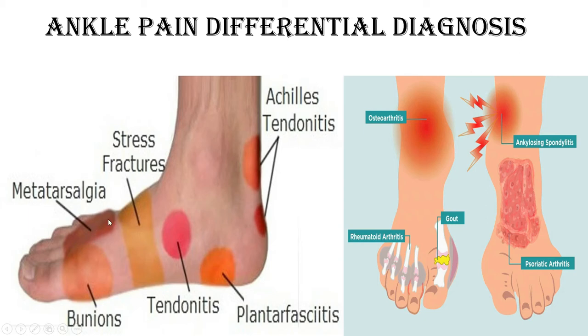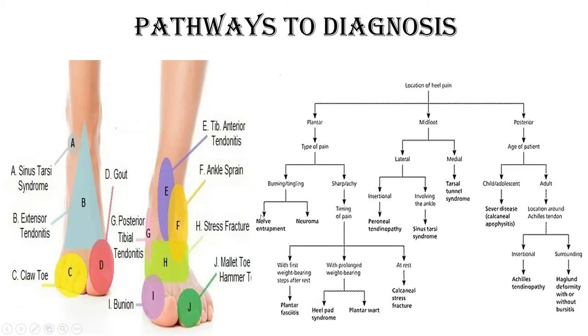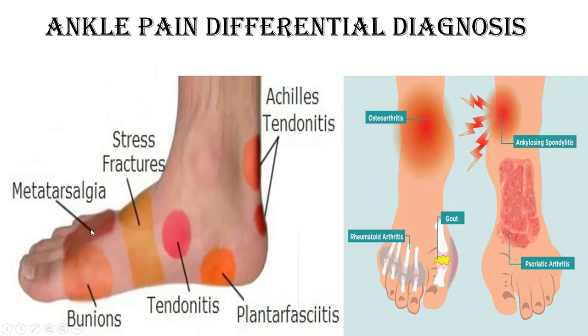Okay, and if there is pain over the fifth metatarsal base due to fracture, this is called Jones fracture, or if due to osteochondritis it is called Iselin disease, osteochondritis of the fifth metatarsal base. Okay, and osteochondritis of the metatarsal head is called Freiberg disease.